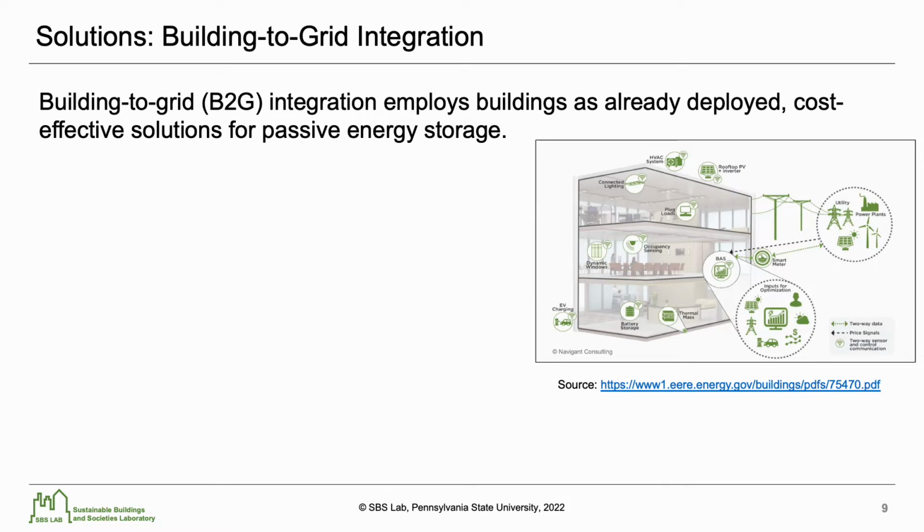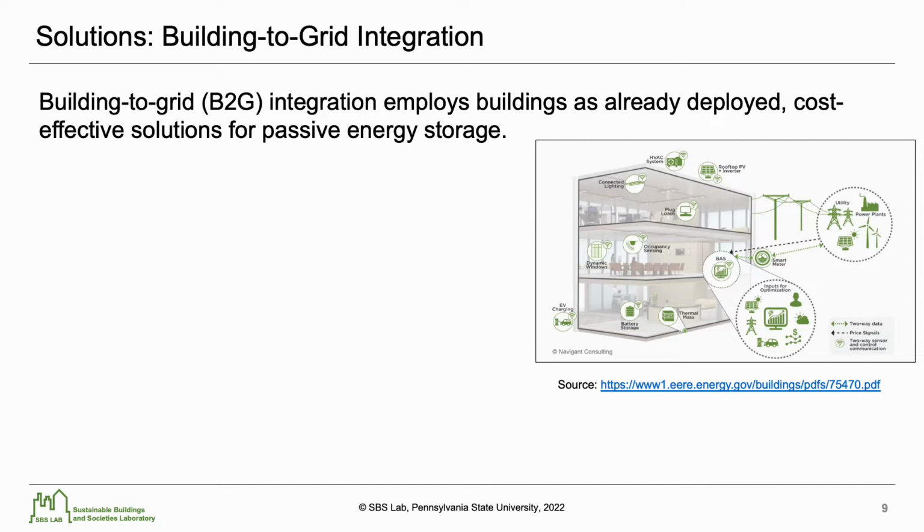To explore buildings' potential for power grid service, people propose the concept of building-to-grid integration, or B2G. There are many definitions of building-to-grid integration. In our view, building-to-grid integration employs buildings as already deployed, cost-effective solutions for passive energy storage.